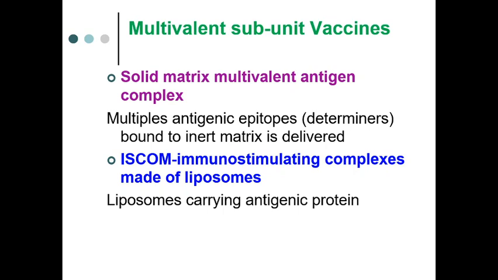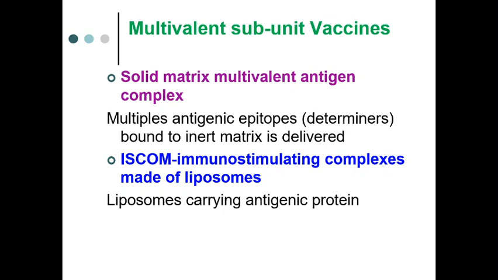Then comes the multivalent subunit vaccines. Here, when you talk about multivalent, it is with respect to antigenic domains. Different antigenic domains or different antigenic determinants can be combined together to produce different antibodies against these antigenic domains by coating these antigenic determinants on an inert solid matrix.